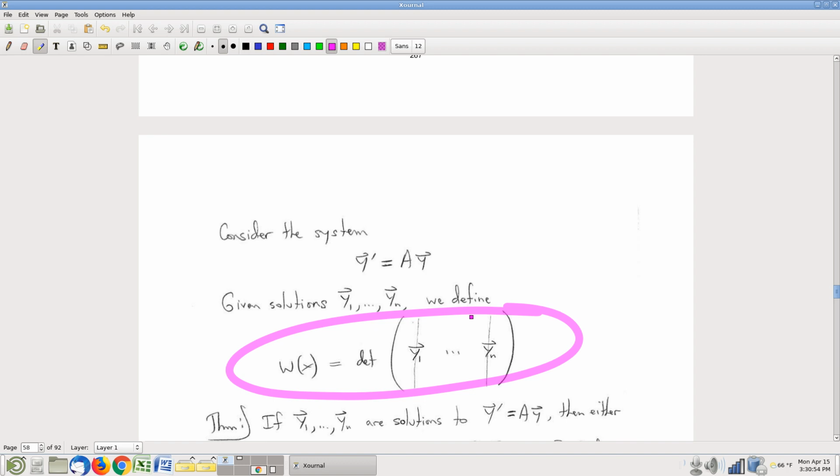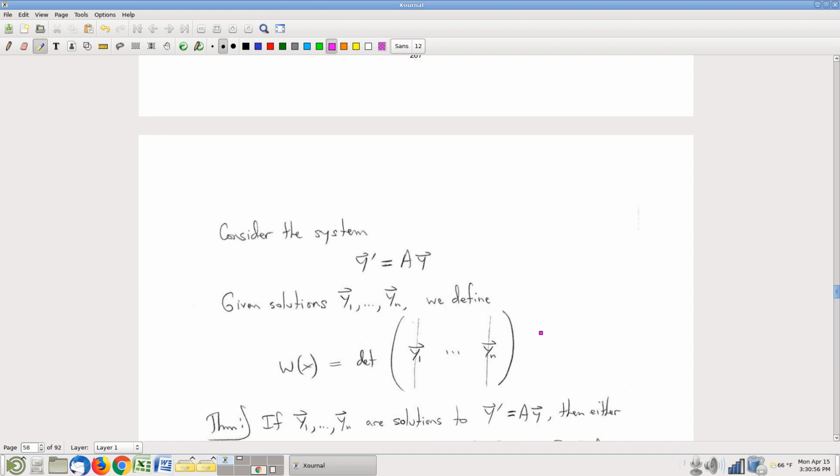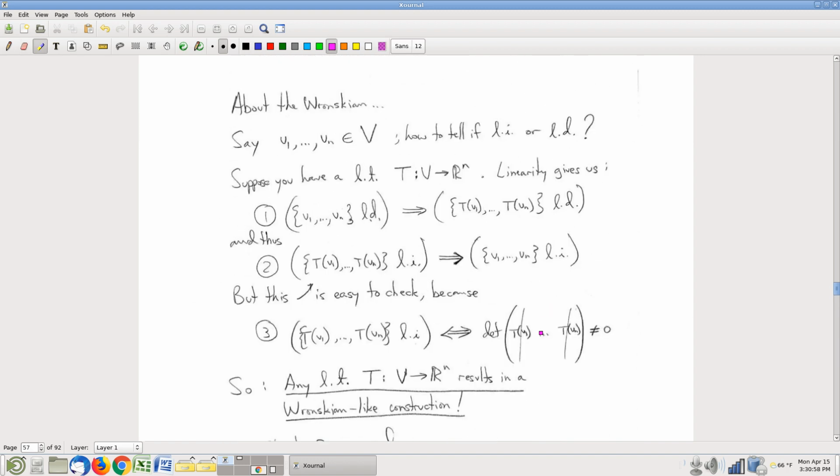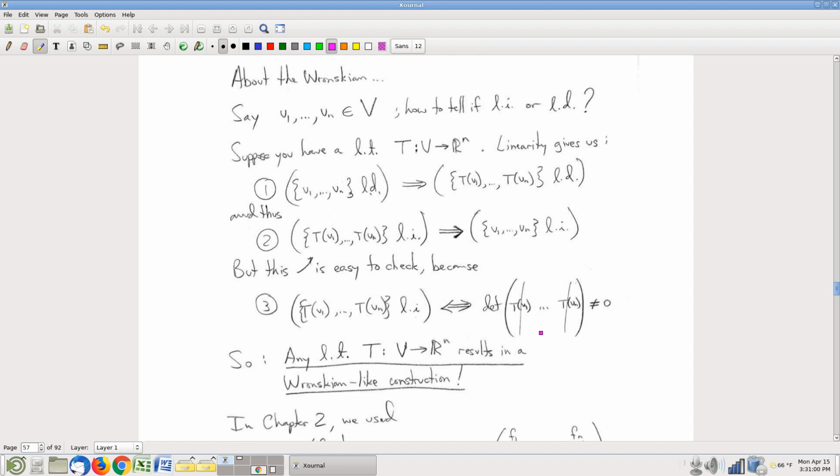But there's a lot of vector spaces out there, and you might have different kinds of information about the functions that you're interested in. So, in general, you can use any linear transformation with vector-valued outputs, and depending on the information you have at your disposal, you might manufacture a linear transformation out of the scraps of information that you have.